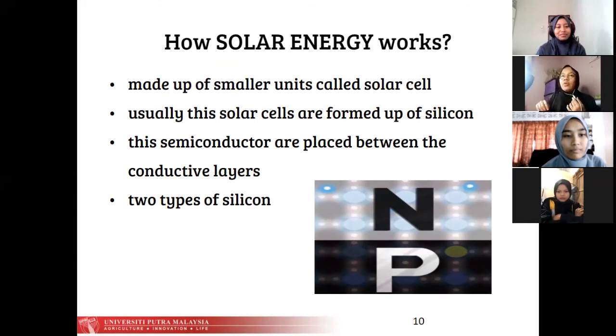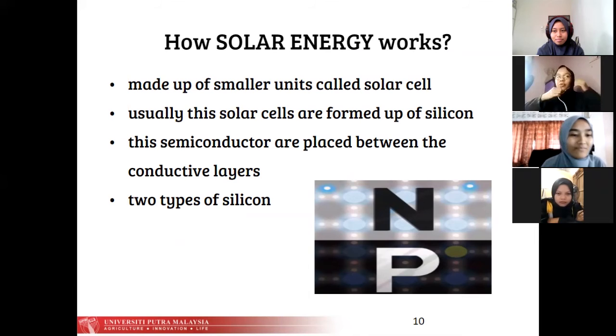okay, how does solar energy work? Even though from the video we can get some input, let me explain more. The solar panel of the photovoltaic type is made out of smaller units that we call solar cells.